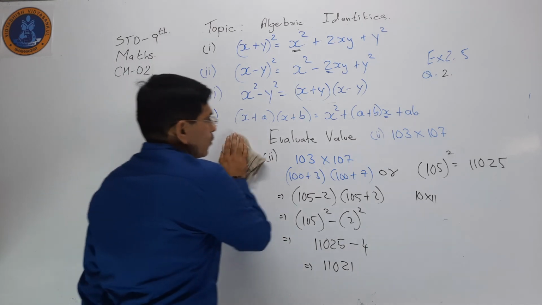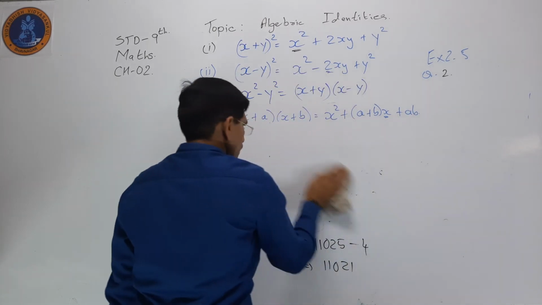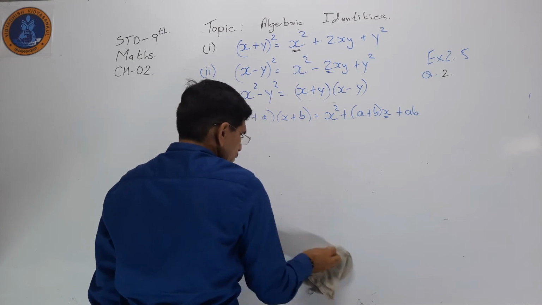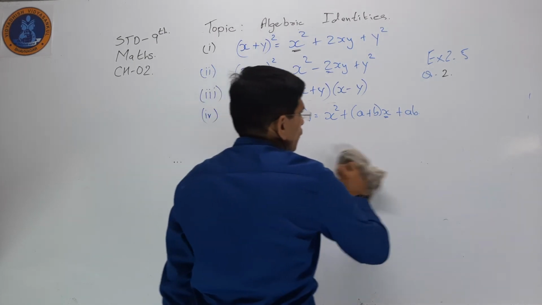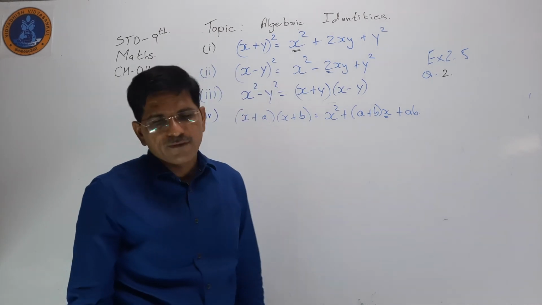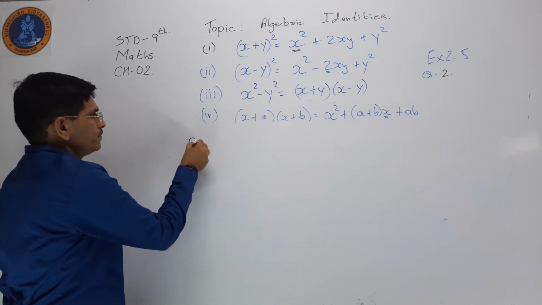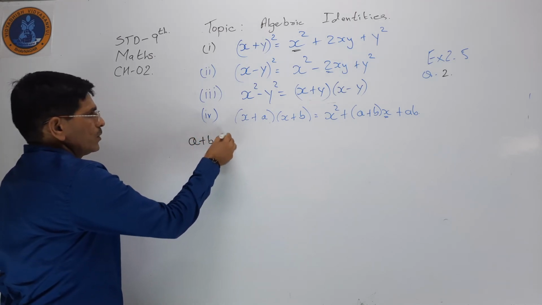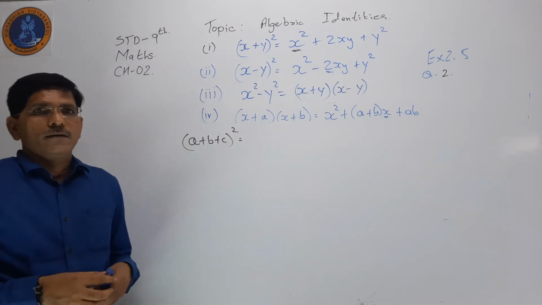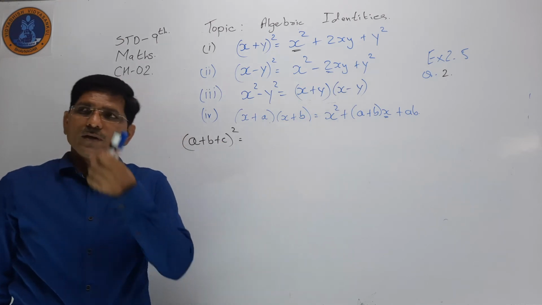Now we go for one more identity. All the above identities we already discussed in 8th standard. This year we go for a new identity, related with 9th standard. That is (a plus b plus c) whole square. You have to write that compulsorily. Write it in your rough book 5 times, and in your fair book when you start the chapter.